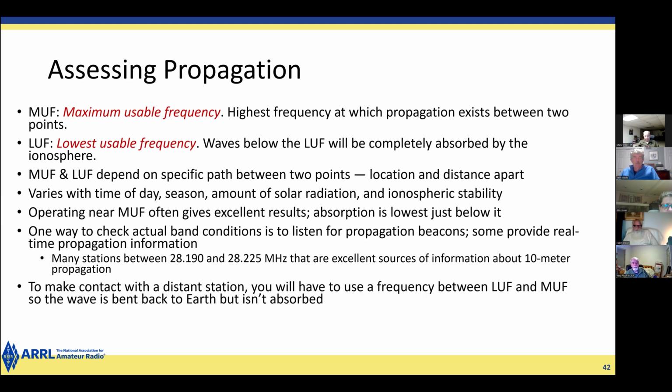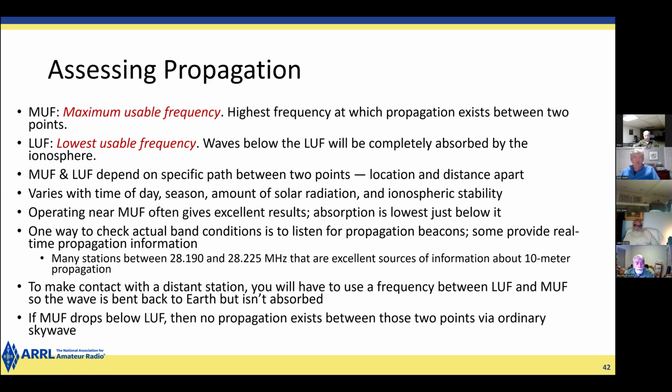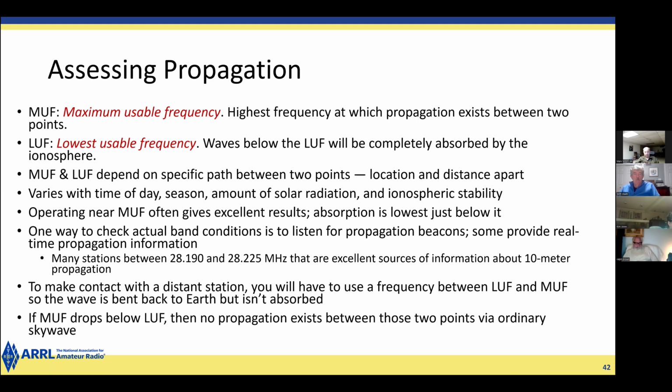To make contact with a distant station, you have to use a frequency between the LUF and the MUF. I'm going to give you a couple illustrations in a moment. It's possible for the MUF to be lower than the LUF. That may sound a little contradictory, but it happens, in which case propagation to a distant place is not possible.